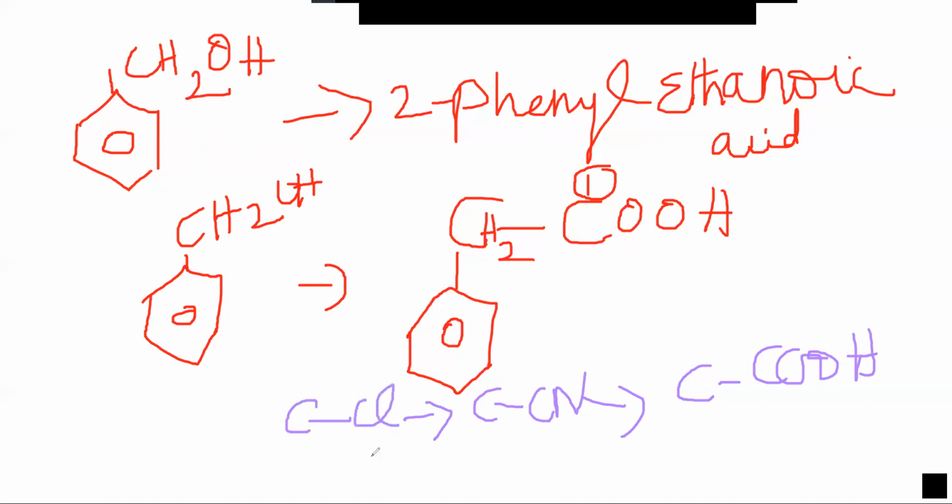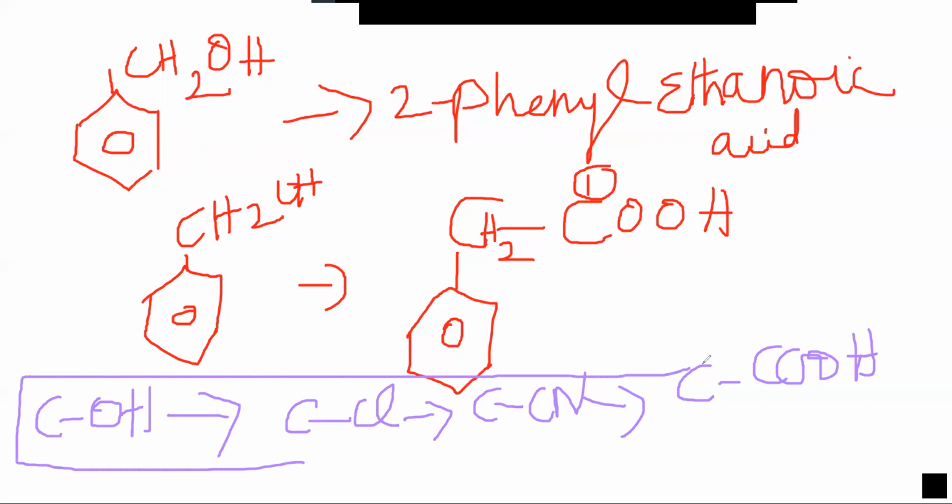It is easy to break a C-Cl and change it into cyanide. C-Cl would have come from C-OH. So this is the shortcut tip for this conversion. C-OH converted into C-Cl, C-Cl converted into C-CN, and CN can easily be converted into COOH group.